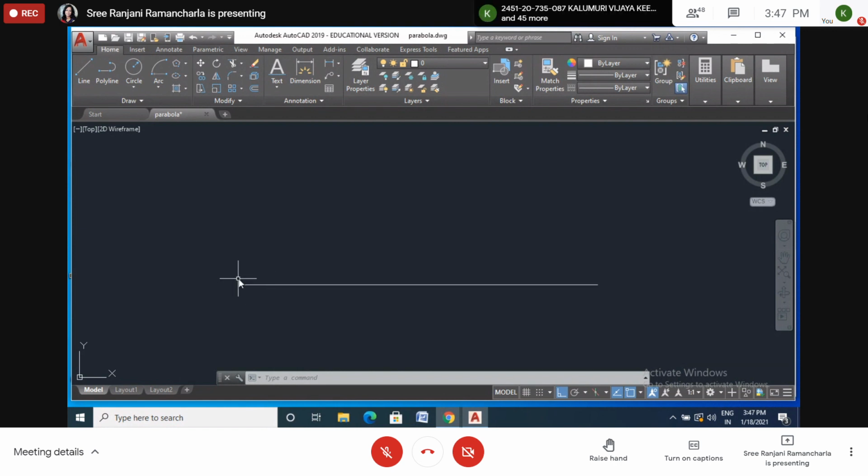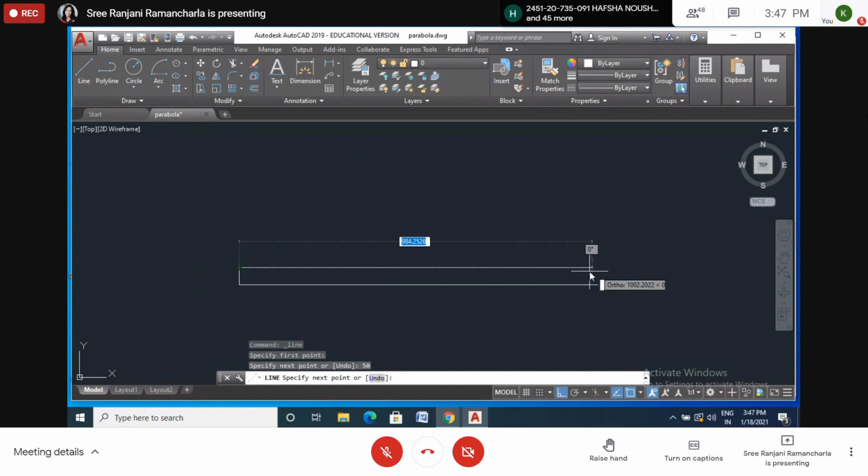From here you draw a 5 mm line. Draw like this. So this is 5 mm and this is 10 centimeters.